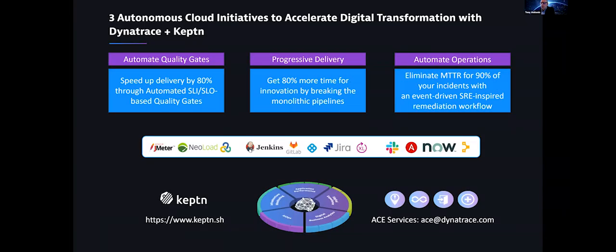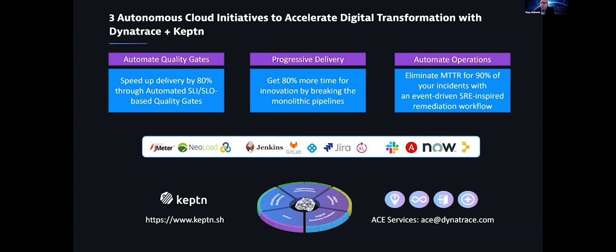So to conclude, we have developed Keptn as an open source project to be used by everybody, to be the integrator or the orchestrator between your pipelines and your metrics providers, your data providers, so that you can support these three best practice cases: automated quality gates, progressive delivery, and automated operations, which is more about auto-remediation.